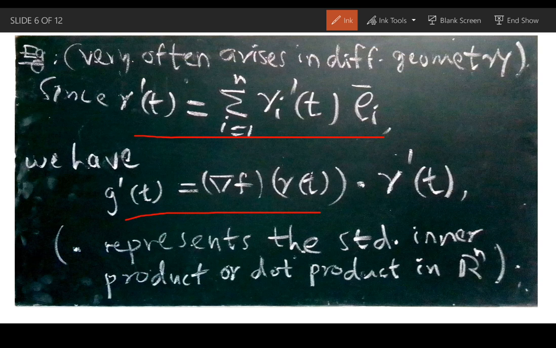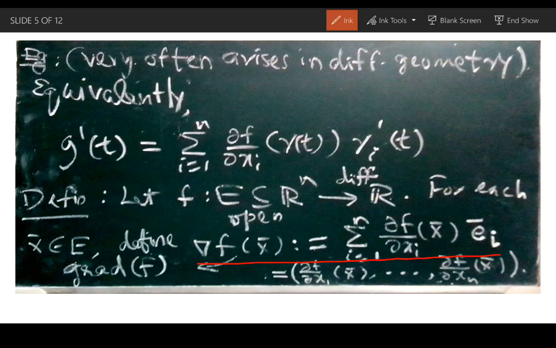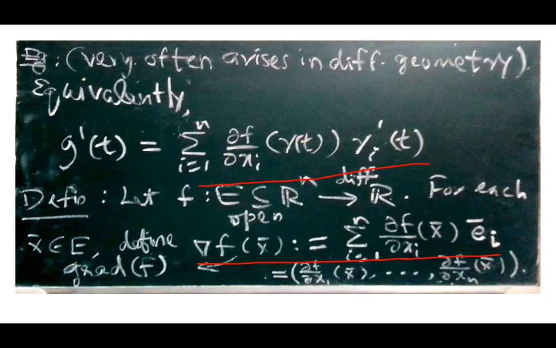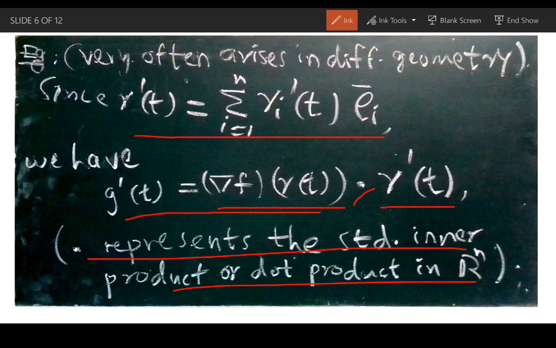So g dash of t is of the form sigma xi yi, that is x inner product y. X inner product y is precisely this, this is your x, this is your y. So g dash of t is del f at gamma of t inner product with gamma dash of t, where dot represents the standard inner product in Rn.